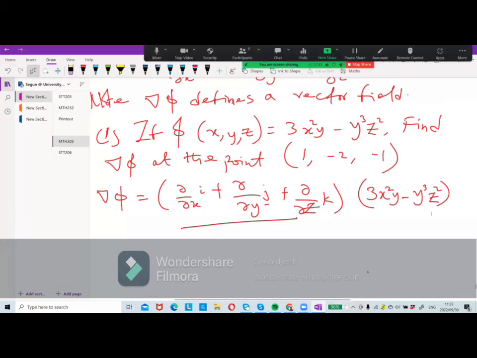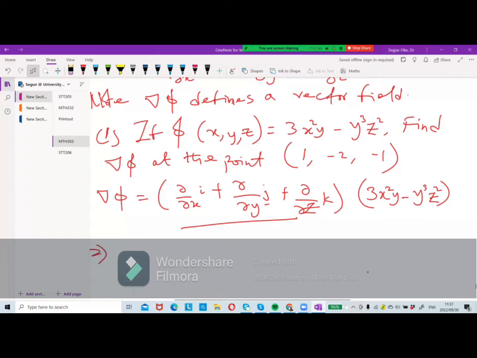Okay, now let's continue. It simply means that each of these terms, 3x squared y minus y cubed z squared, will belong to the phi, like we did the other time.